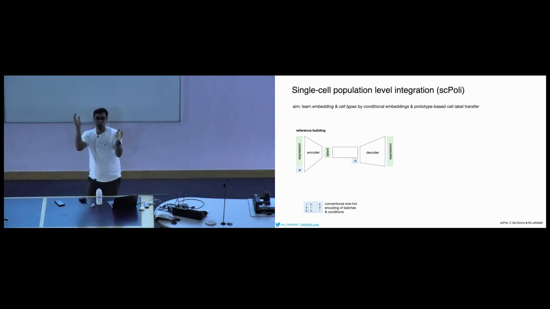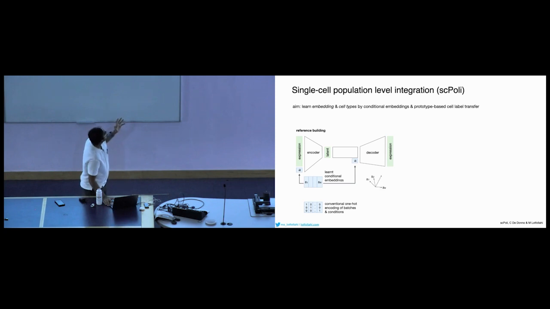And in this case, we encoded samples and the batch in a continuous space, where we basically have a learnable embedding for each patient or each sample. Then you have a continuous space of patients and samples.